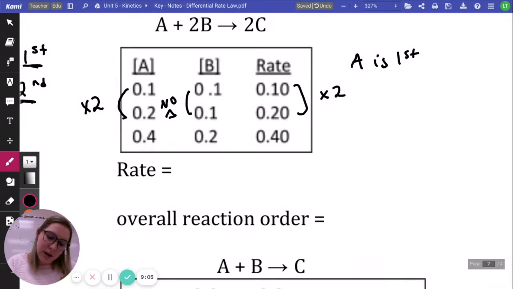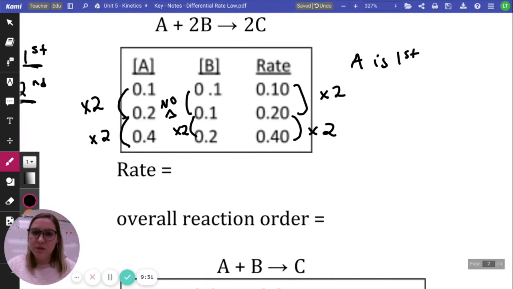Now let's look at this next part. As I move from trial 2 to trial 3, my concentration of A doubled. We should already be thinking about what that means for our rate: if A doubled, my rate should double as well. But my concentration of B also doubled. So what happens to our rate?